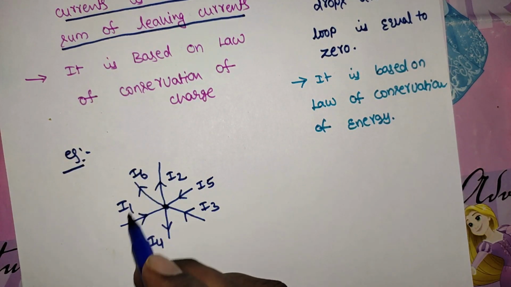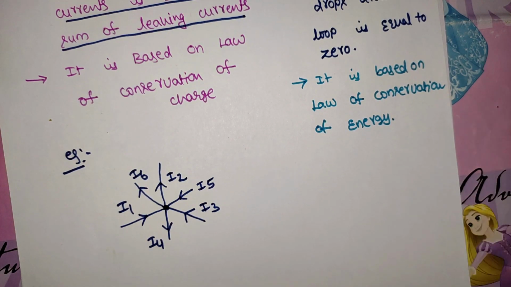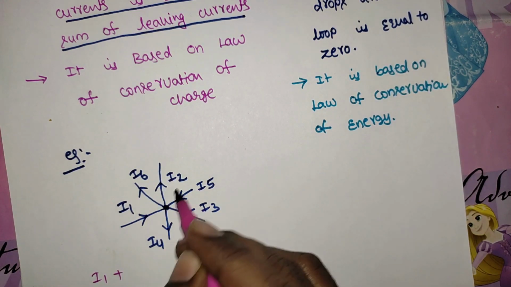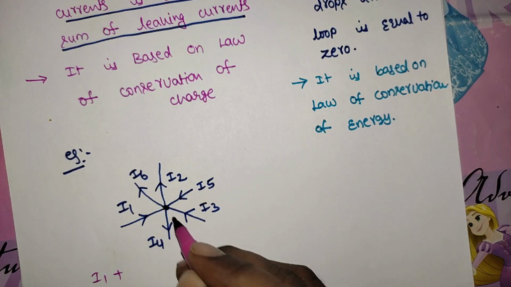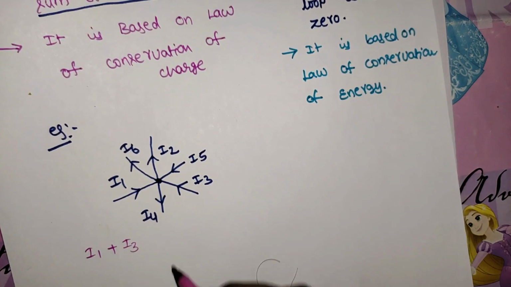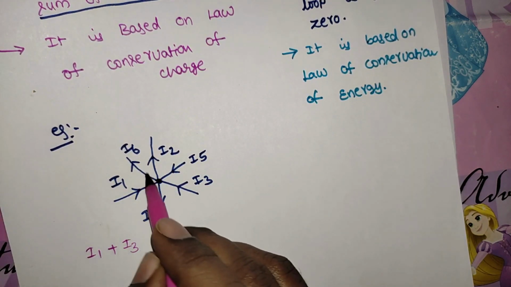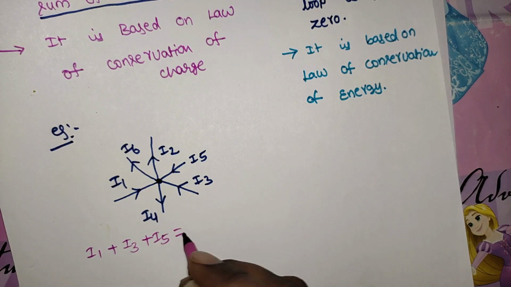So the sum of the entering currents: what are the entering currents? I1 is an entering current, I3 is an entering current, and I5 is an entering current, so I1 plus I3 plus I5.